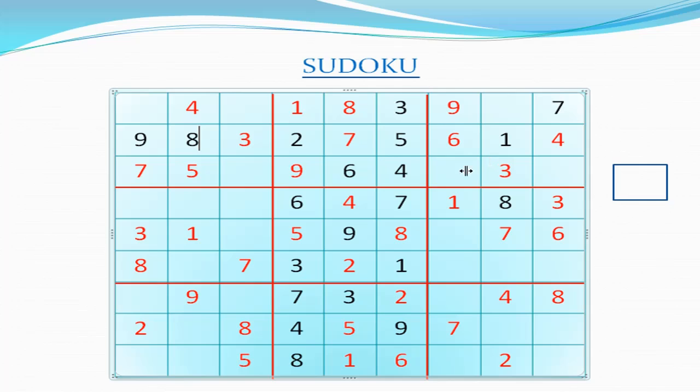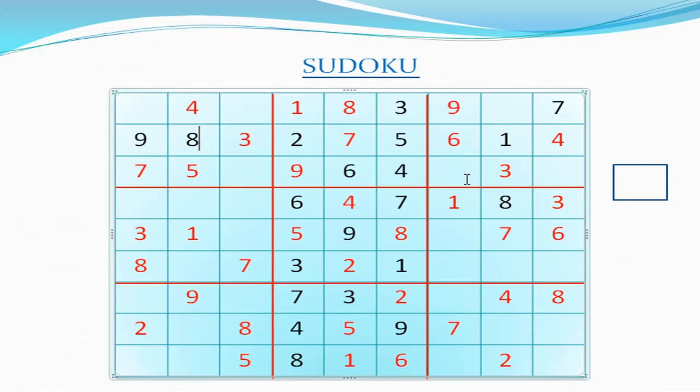And now for 5 also, these 3 are available, right? So can I place 5 here? I'll check row. I will check column. Yes, I may. It's sad thing because we have 2 more. So it is just a possibility that you may place here 5, but we are not sure yet.